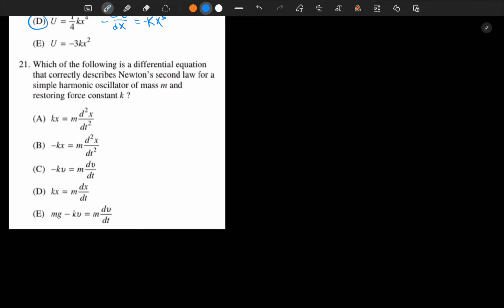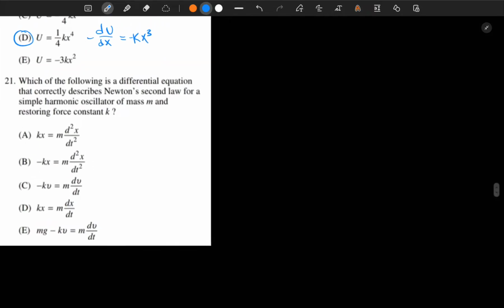Next, which of the following is a different equation that correctly describes Newton's second law for a simple harmonic oscillator of mass m and a restoring force constant k? Well, Newton's second law states that the net force is equal to ma, and a simple harmonic oscillator obeys the spring equation, which is negative kx.